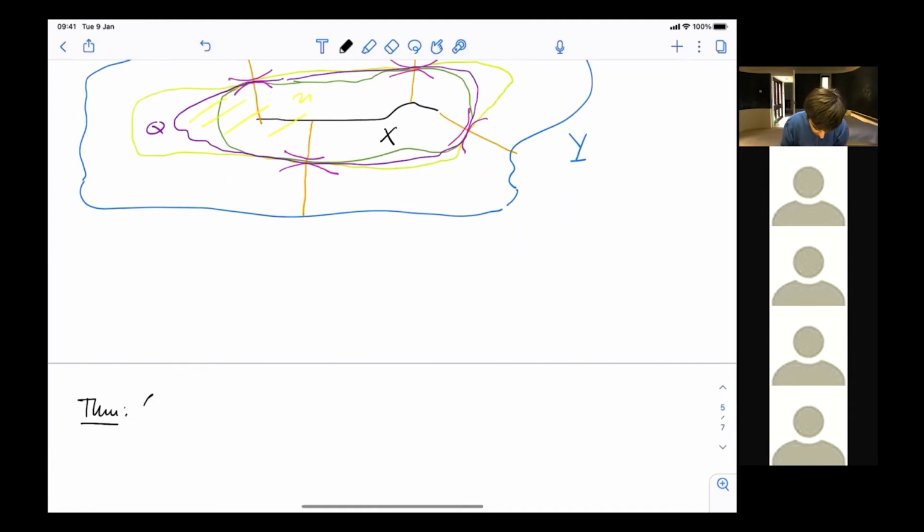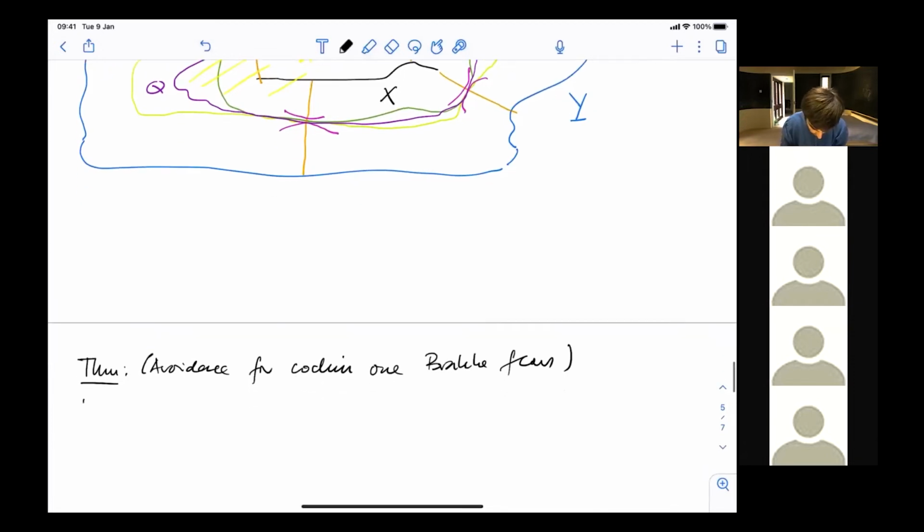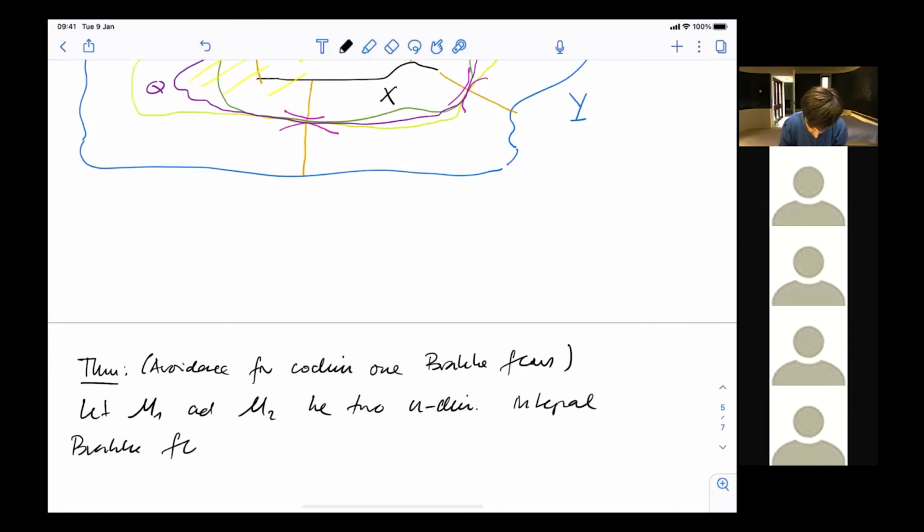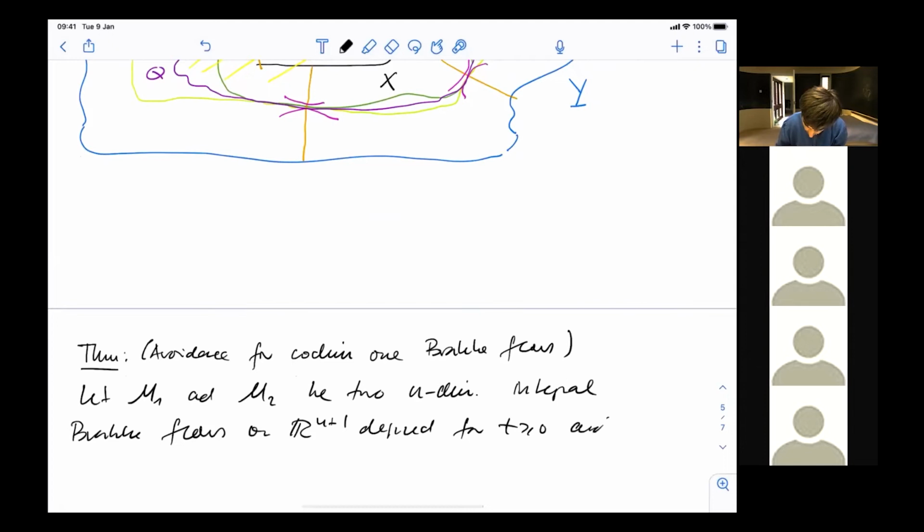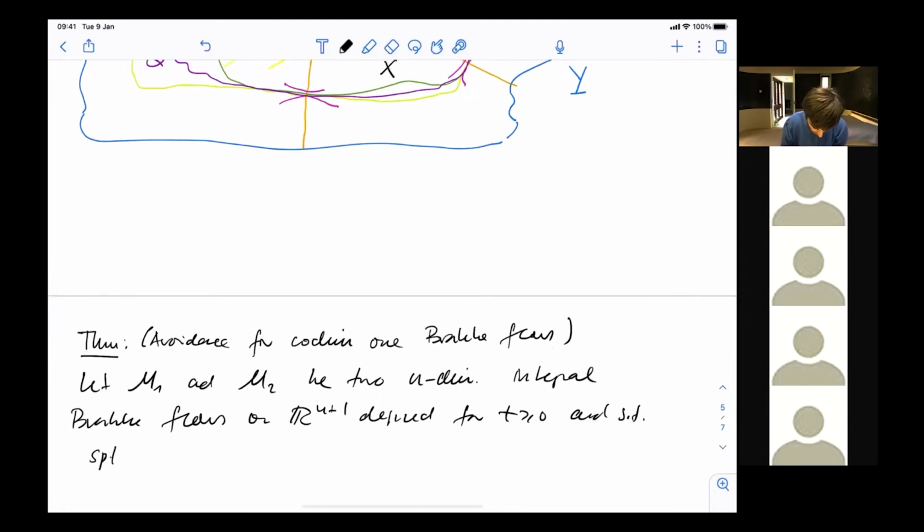Okay, so here's the avoidance theorem for codimension 1 Brakke flows. Let M1 and M2 be n-dimensional integral Brakke flows on R^{n+1}, defined for t positive, and such that the support of M1 at time 0 is compact.